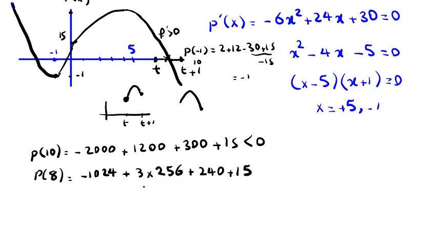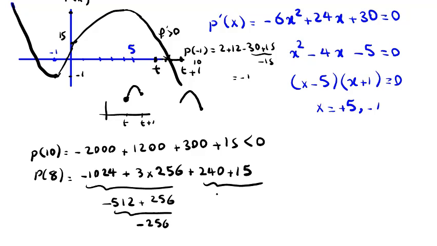Okay, so 2 times this will be 512. Negative 512 plus 256 will be negative 256, plus 240 is negative 16, plus 15, and it will be negative 1. So you understand, probably t plus 1 is 8.